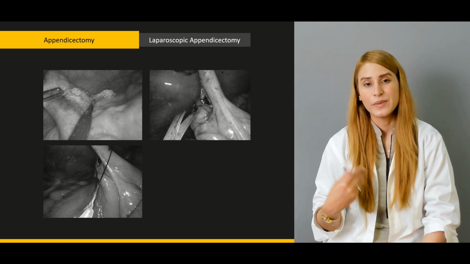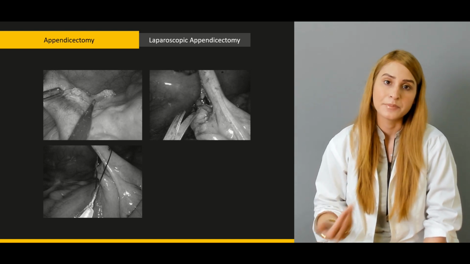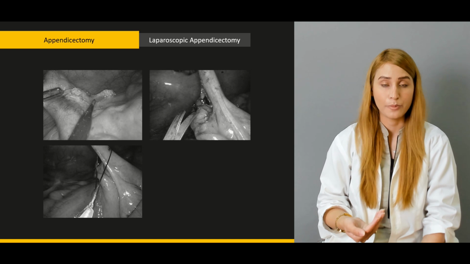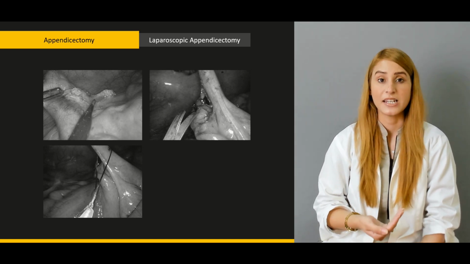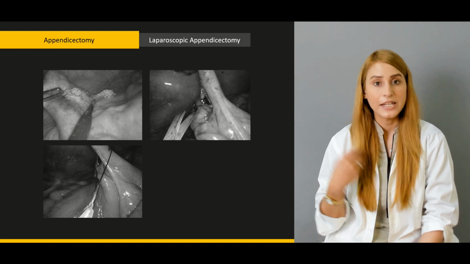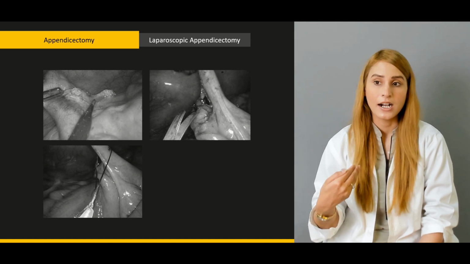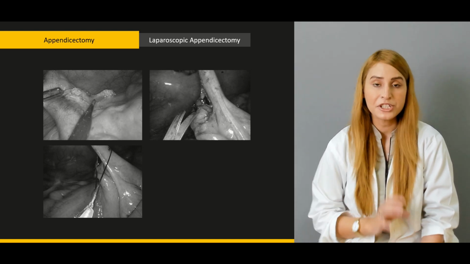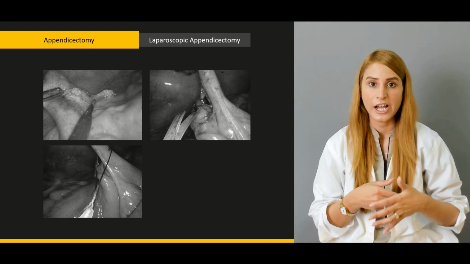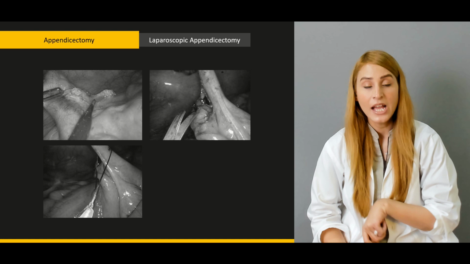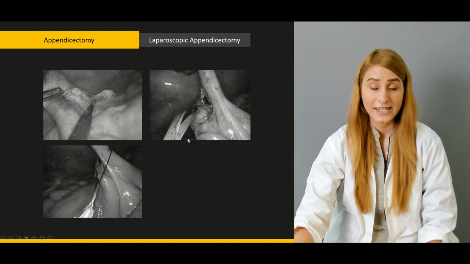But now with recent advances, most of the time people are more comfortable with the laparoscopic appendectomy, because cosmetically, especially for young females or young males, it is very helpful for cosmesis. So what you do is one infraumbilical port, one umbilical, and one supraumbilical port. So you insert the camera, you insert the laparoscope, and then you visualize.